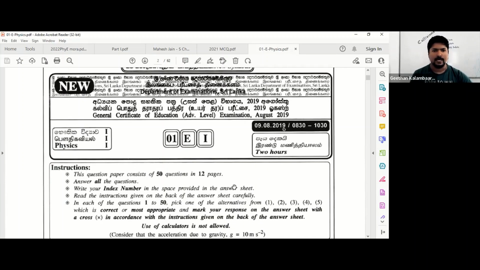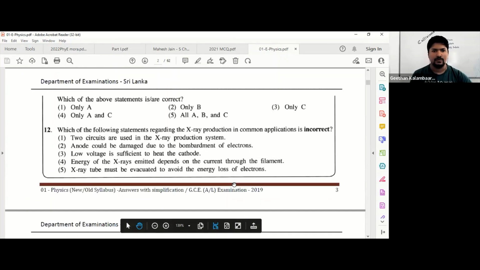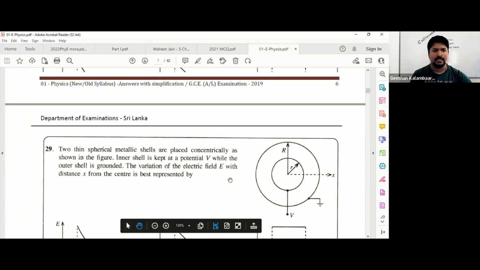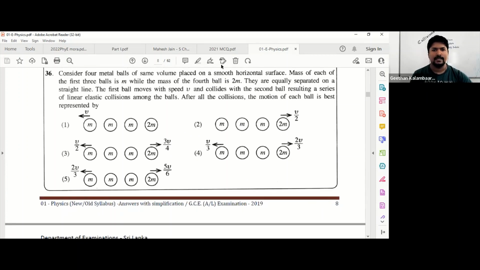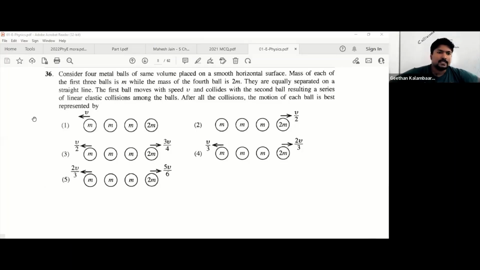මේ තියෙන 2019 paper එක. Right. So we are going to question number 36. Now let's see how do we do question number 36. Right, what they say in this question is that there are 4 metal balls, 3 are identical, right? The first 3 are identical, they have the same mass, and the fourth one has twice the mass of the others, right?